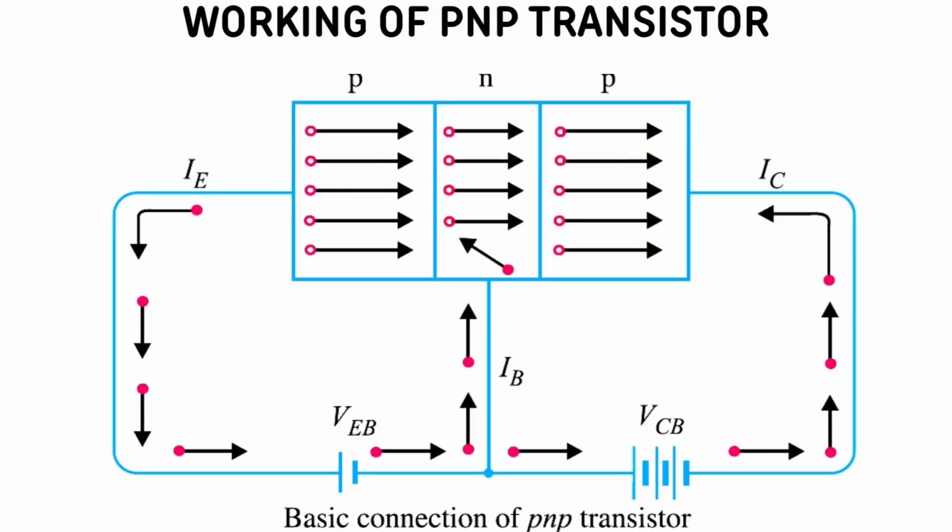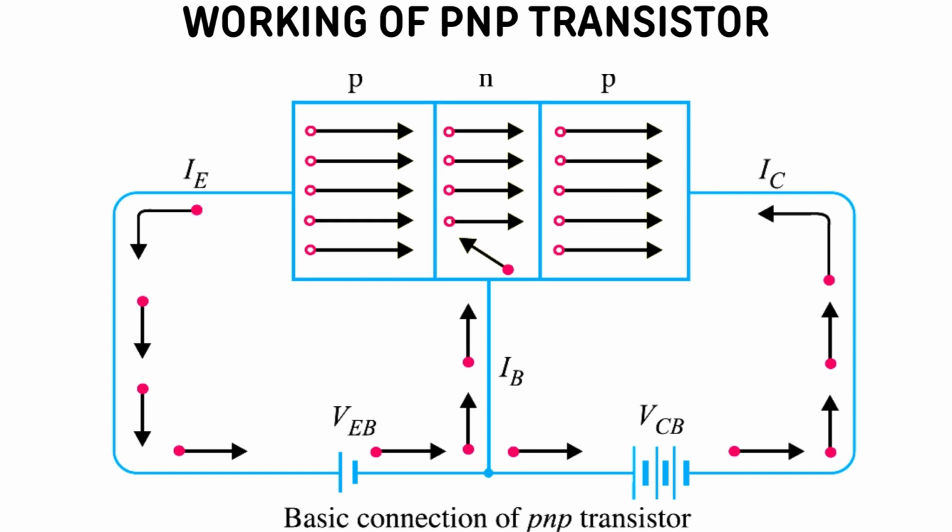Working of PNP transistor. Now, in p-type material, majority carriers are holes. The p-type material at the emitter side is connected to positive and the n-type material at the base is connected to negative, which is given as VEB.